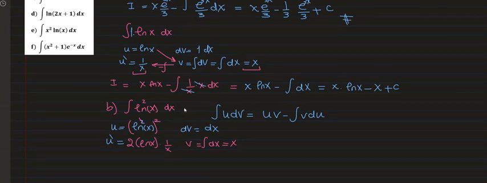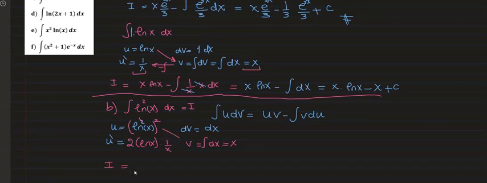Now simply, if this is I, let's call this I, in part B. Now this I is equal to u times v. So it's the ln x power of 2 times x, minus this integration, the product, so the integral of 2 ln x times 1 over x times x dx.